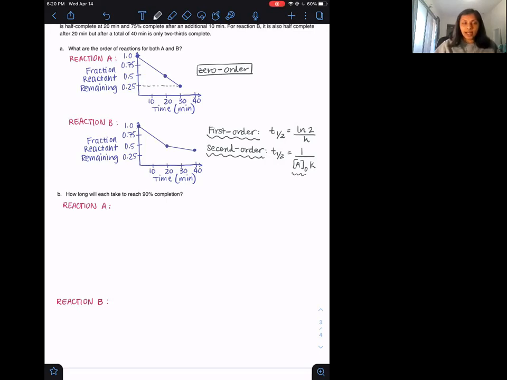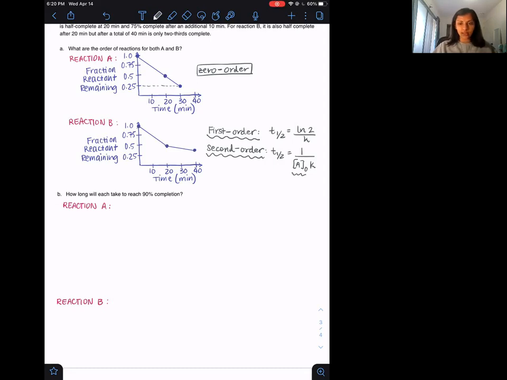This means that as the reaction proceeds and the reactant concentration decreases, the half-life increases over time. And this is what we see in reaction B. We can see through this graph that the half-life increases as the reaction proceeds, which means that the rate of the reaction decreases.